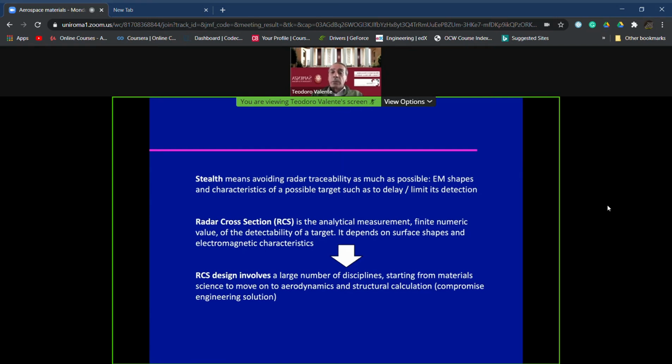So our purpose is to go toward solutions for which the radar cross-section of the flying object is as low as possible.